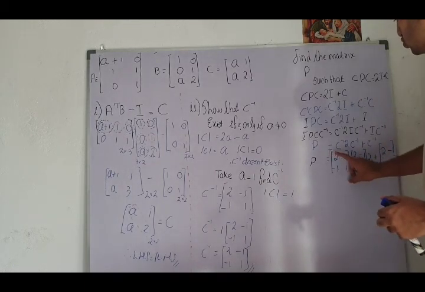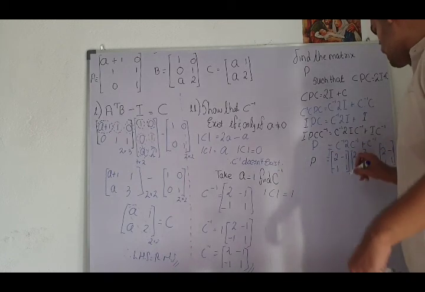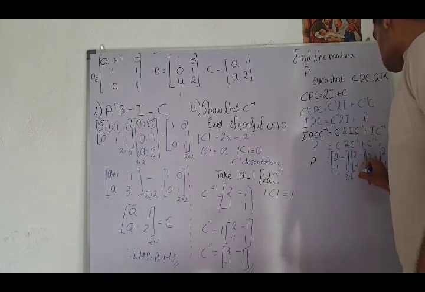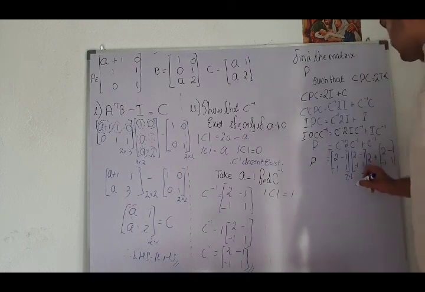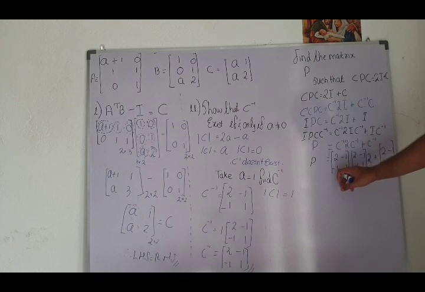So now we have to do the normal multiplication. The multiplication can be done because these are 2 by 2 matrices, so the number of columns in the first matrix is equal to the number of rows in the second matrix.